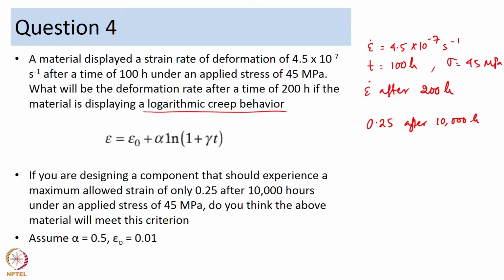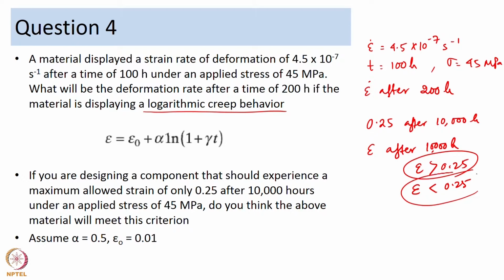So, essentially the question is, how much will be the creep strain after 10,000 hours? Is it going to be greater than 0.25 or less than 0.25? If it is greater than 0.25, then obviously your product is not going to survive 10,000 hours of operation.